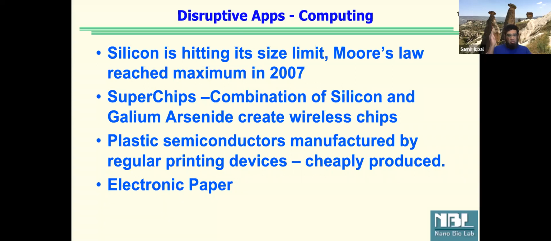Up to 2007, we kept on making things smaller, but to keep up with functionality, we started adding different materials to silicon. We started making multiple core chips, right?